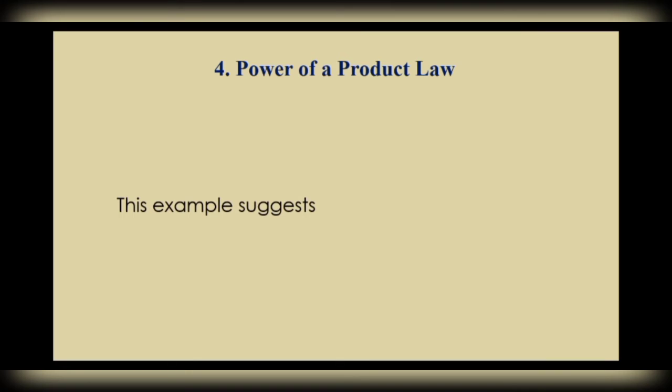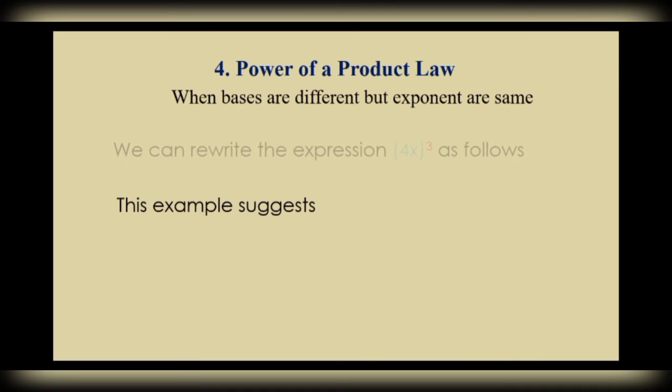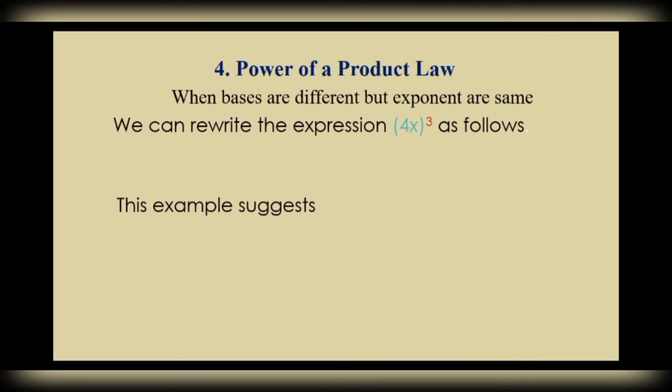Now the fourth law is the power of a product law. We use this law when bases are different but exponents are the same. We can rewrite the expression 4x to the power of 3 as follows. 4x to the power of 3 can be written as 4x multiplied by itself 3 times, 4x into 4x into 4x.